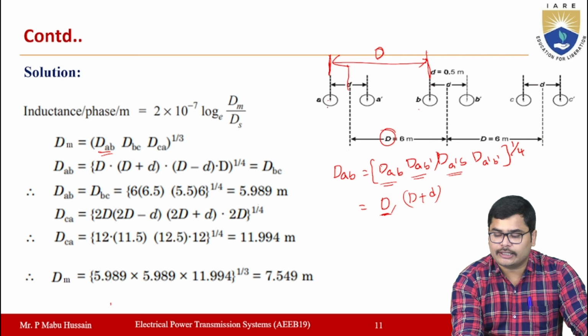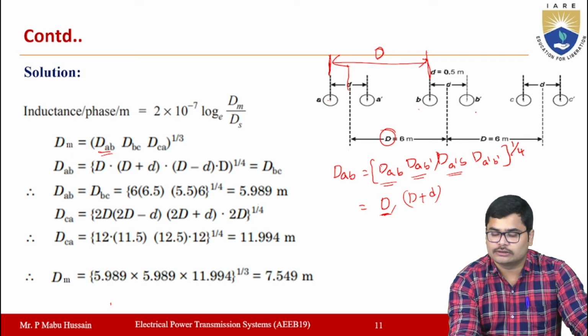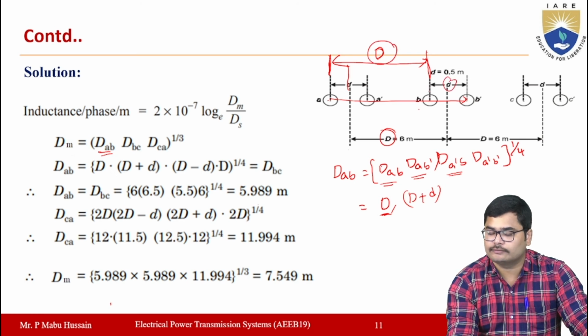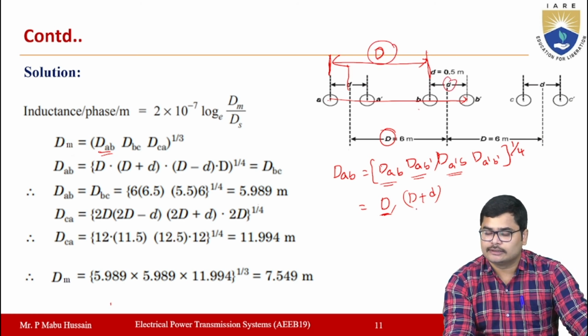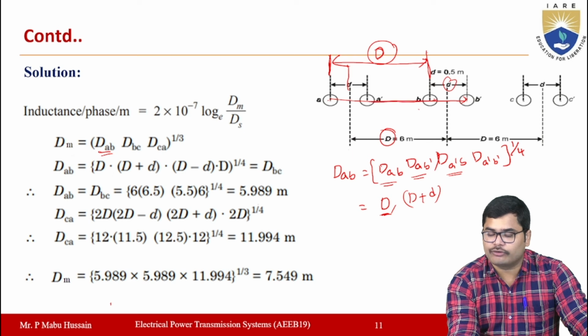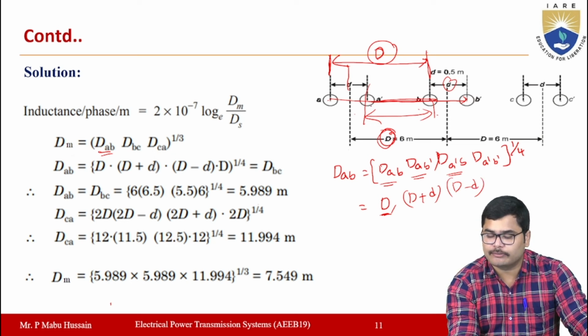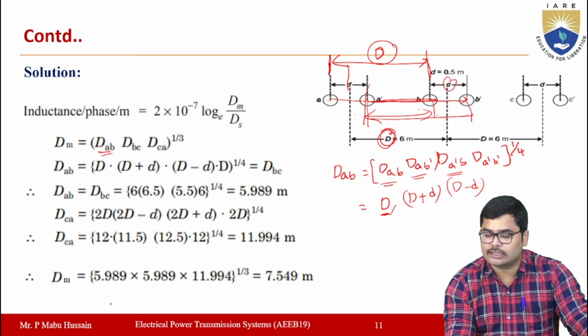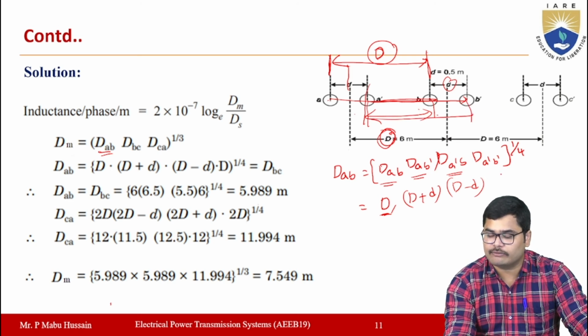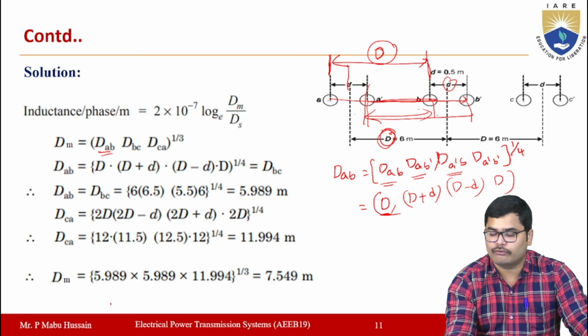Now DAB dash, if you see, is this capital D plus this small d. So D plus d you will get. Similarly, A dash to B, if you observe, this distance is the total distance D minus small d. In a similar way, for DA dash B dash, from here to here the distance will be the same, capital D, whole to the power of 1 by 4.